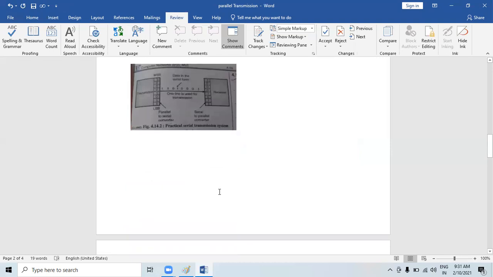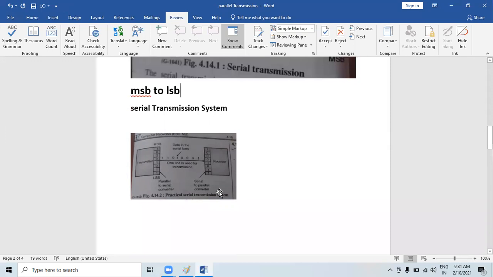This figure shows the practical serial transmission system. The transmitter and receiver are both computers.